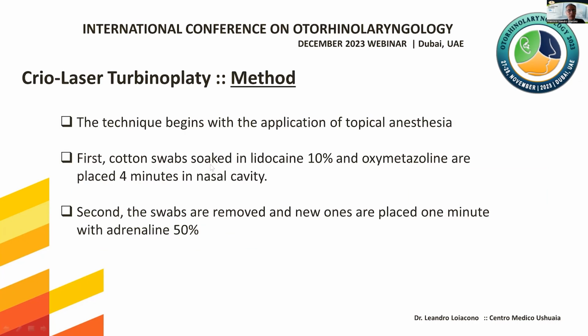Methods. The technique begins with the application of topical anesthesia. First, cotton swabs soaked in lidocaine 10% and oxymetazoline are placed 4 minutes in the nasal cavity. After that, the swabs are removed and new ones with adrenaline 50% are placed 1 minute.